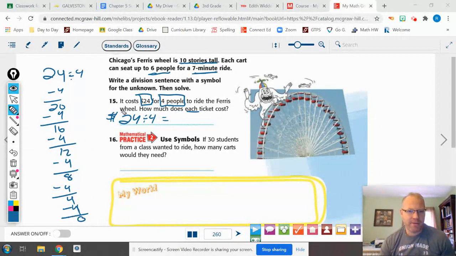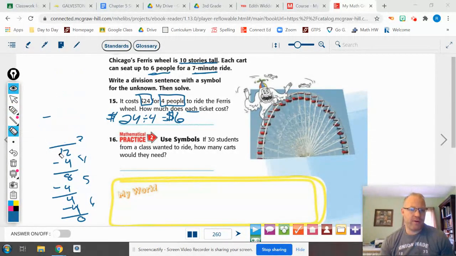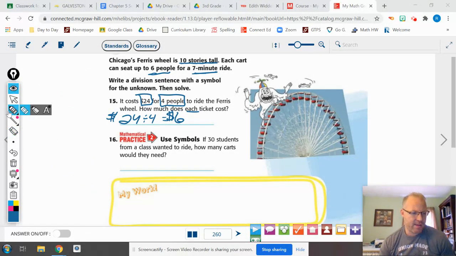So now you have 1, 2, 3, 4, 5, 6 fours. So it's $6 each. So the notes are important because that's how we're solving. It did ask us to do repeated subtraction today, so that's why I'm continuing with that.